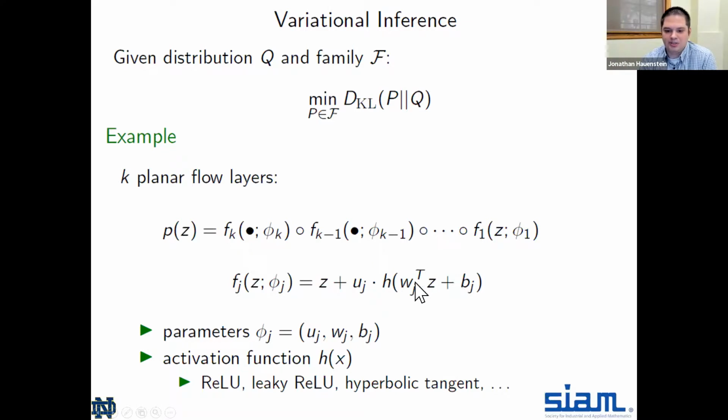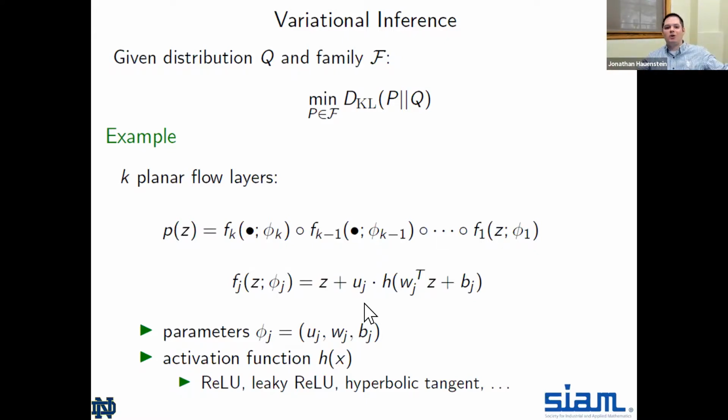I do a linear transformation, I apply an activation function, such as ReLU or hyperbolic tangent, and then I scale it by this parameter u. Okay, so these are the common types of maps between distributions that people consider. And you can take K to be like 100, 200, 1,000. So you get more and more complicated as you compose more and more functions together.